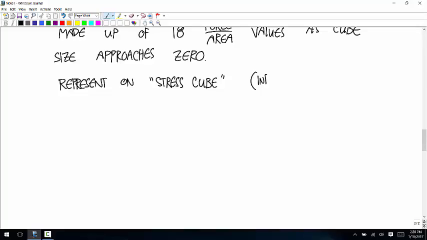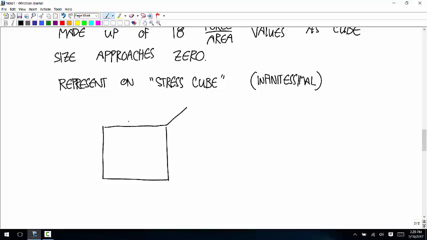It's infinitesimal, so it's not drawn to scale. And so on every one of the faces, you have a value in the x direction, a value in the y direction, and a value in the z direction.